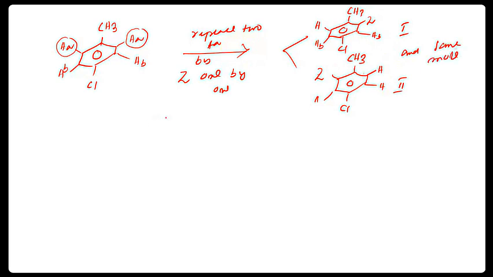Means, now we are writing that Cl, H, H, these two H are homotopic, and if they become homotopic, then what will happen?